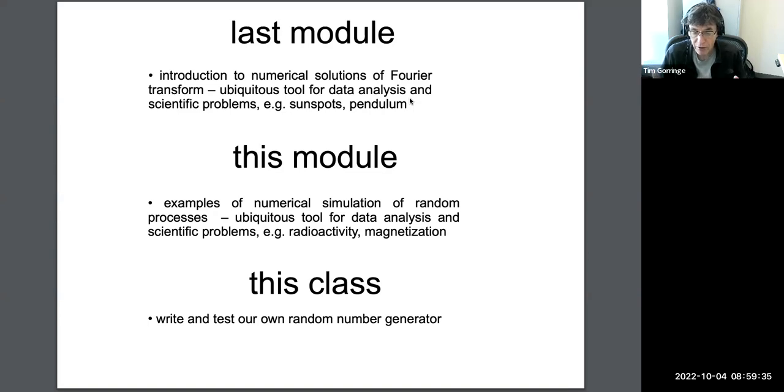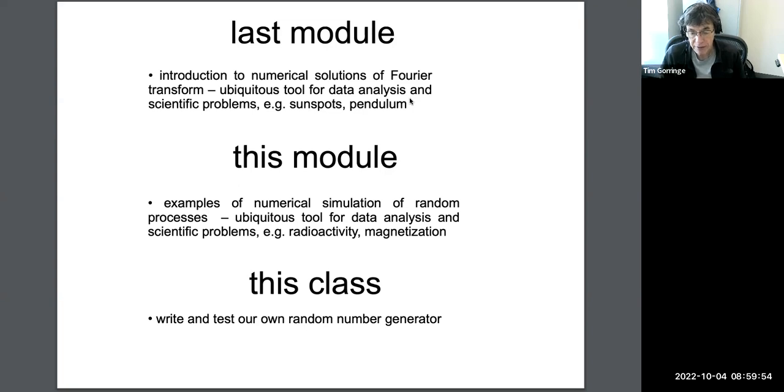So we're going to learn how to simulate, how to model such random processes. And at the heart of simulations or models of such random processes is the capability to generate random numbers.